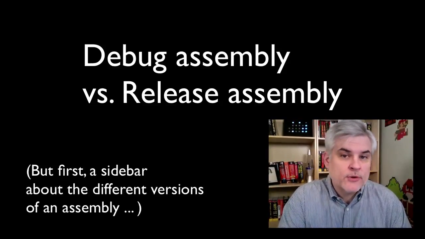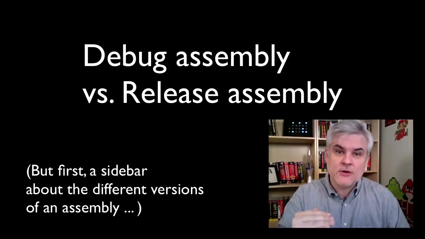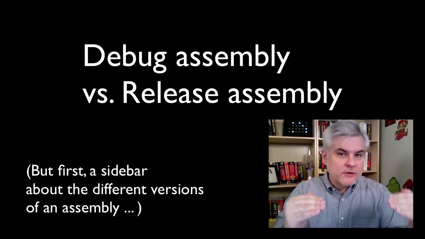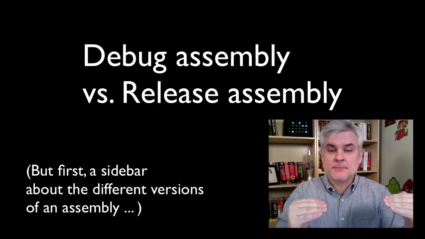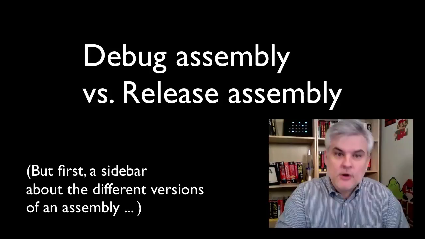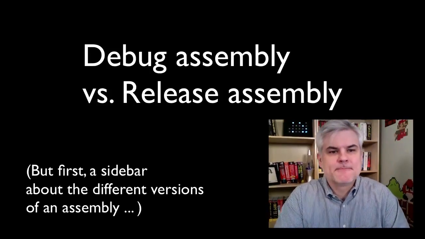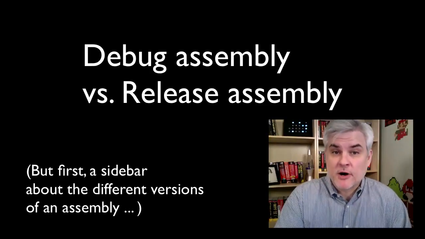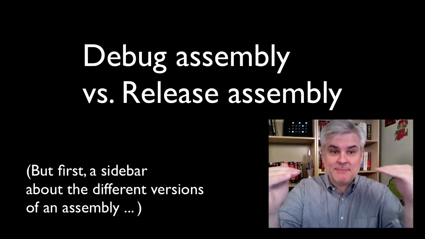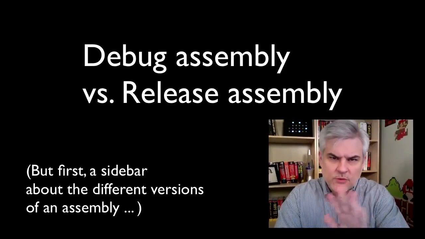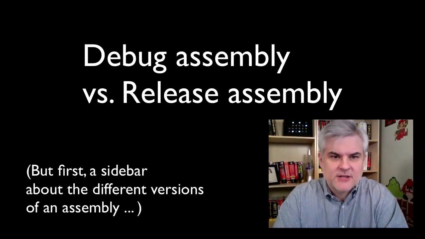You can set a breakpoint in your code and step through each line of code, and what it's really doing behind the scenes is stepping through the equivalent line of code in the compiled version of the assembly. We'll talk about debug mode, debug time in just a minute. But the debug version of the assembly requires some bookmarks so that the IDE can keep in sync with the code that's in the assembly. And this will make a little bit more sense when we start debugging our applications again later today.